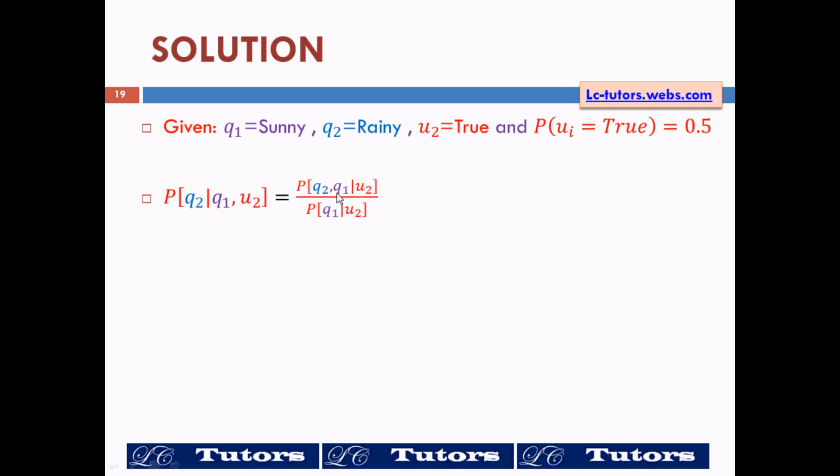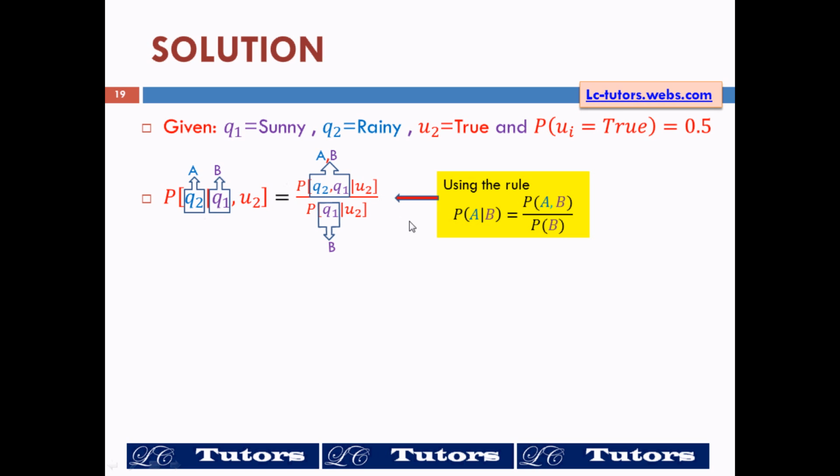We can use simple probability techniques here. Please note that this comes from the rule: probability of a given b is equal to probability of a comma b divided by probability of b.